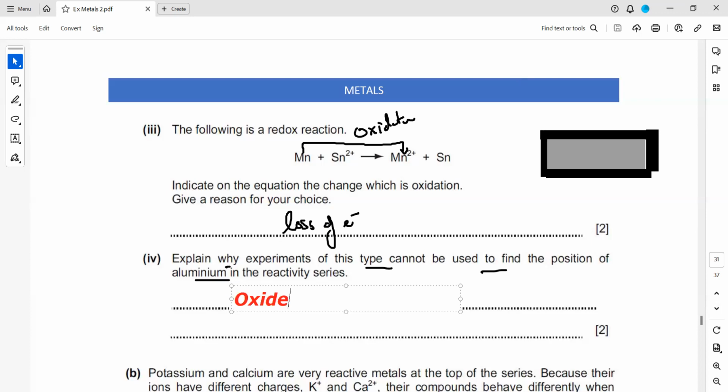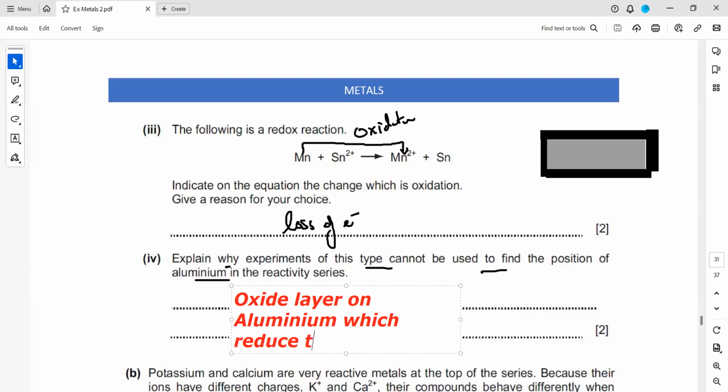So there's an oxide layer on aluminium, which reduces the rate.